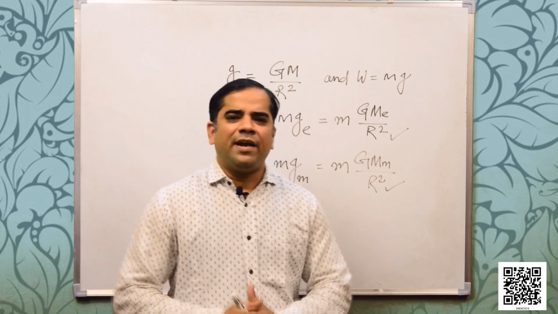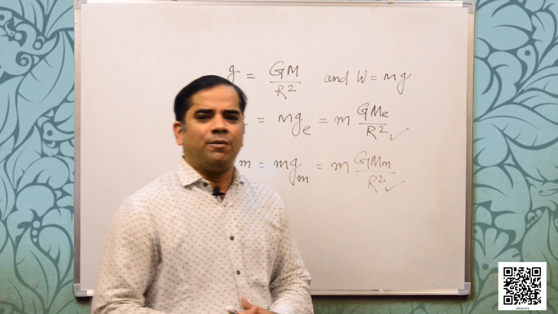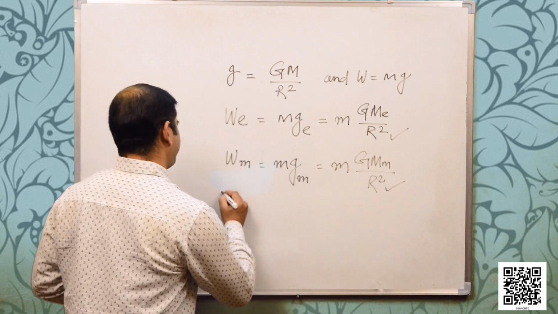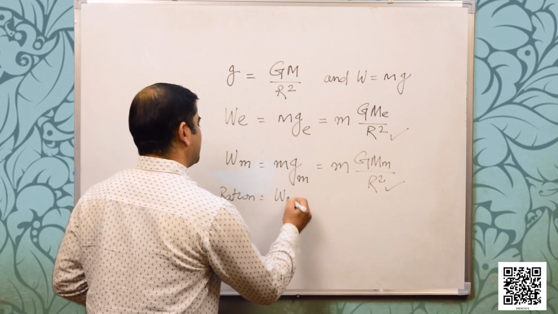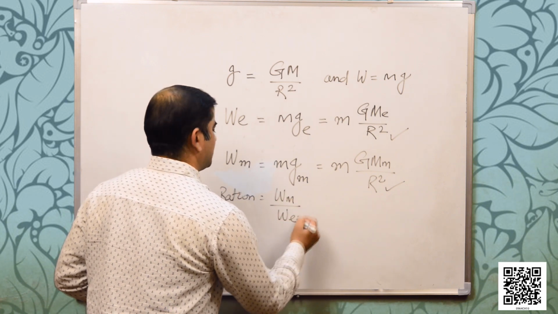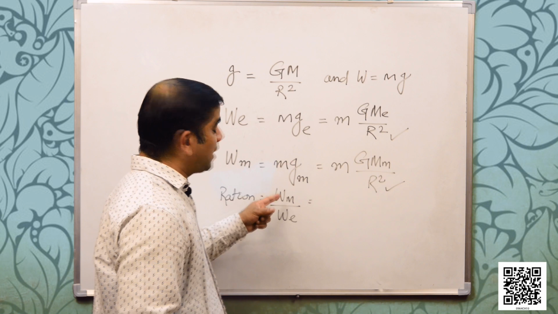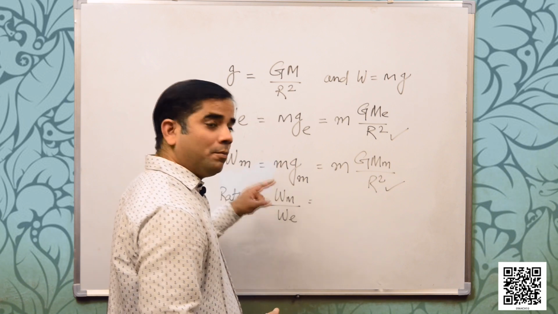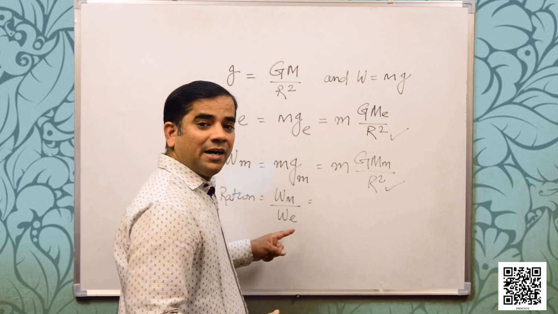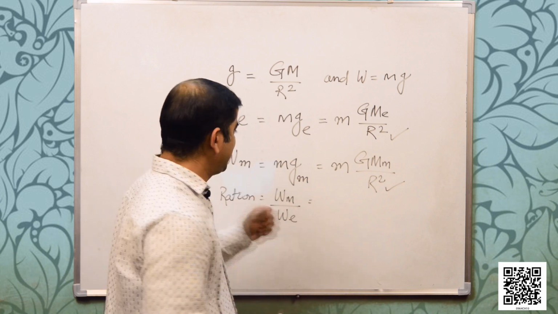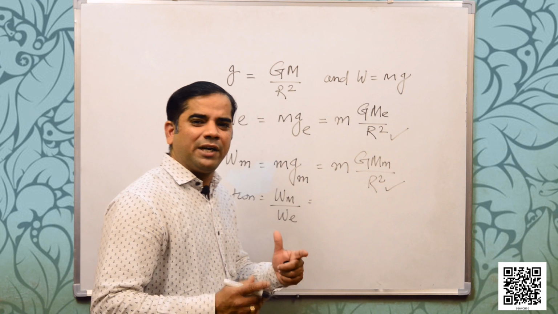Now, if we find the ratio, what do we get? The ratio of weight of the object on moon to that of the weight on earth is equal to, what should it be?